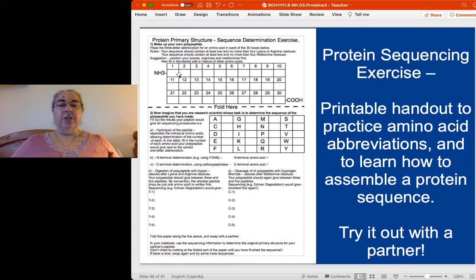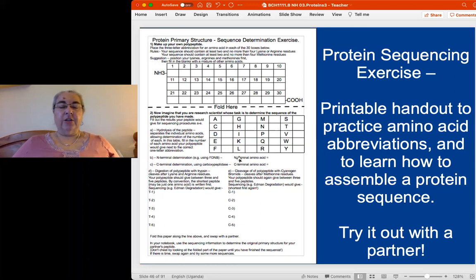So if, for instance, you'd got 5 A's in it, you'd write 5 next to A here. And if you use a 3-letter abbreviation here and have to use the 1-letter abbreviations here, that will help you to practice relating the 1-letter and the 3-letter abbreviations to each other. So this would be the results of hydrolysis of your protein.